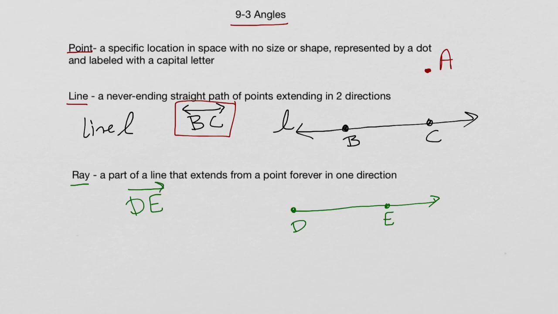So even if my ray were extending in the opposite direction, let's say it went this way, and this was X, Y, I would still call this ray YX because Y is the endpoint. See how Y is the endpoint there? And Y will be my first point listed, even though it looks like it's going in the opposite direction. It's just the symbol that I use. I just want to make sure that I label the endpoint first.